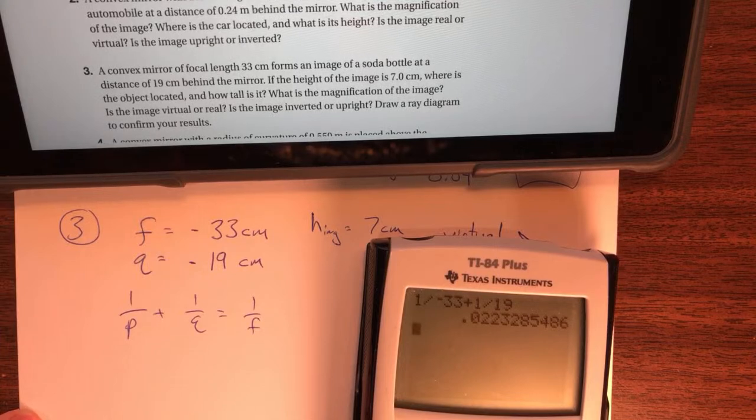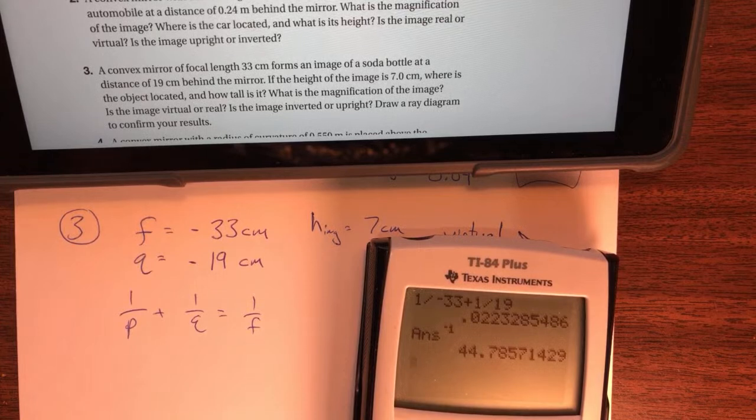That's going to get me a positive number. Take the inverse of that, and that's positive. That's your value for P, because P can't be negative. You can't have an object behind a mirror. Only an image can be behind the mirror. So that's 44.8.